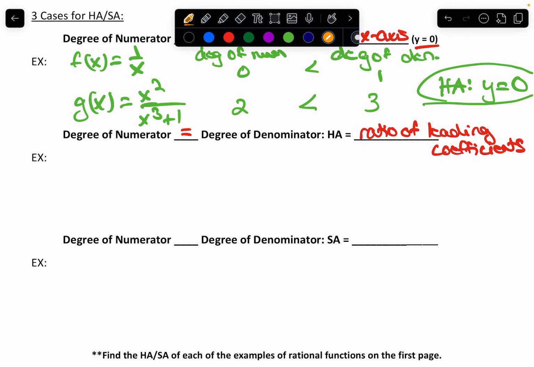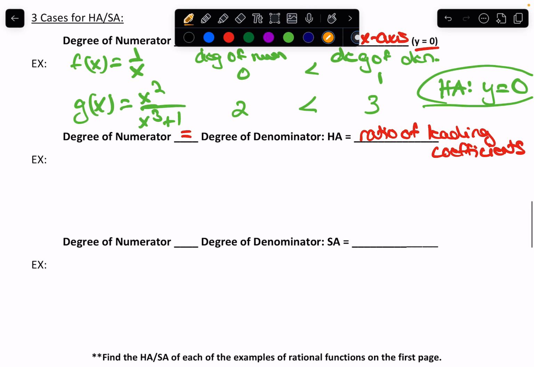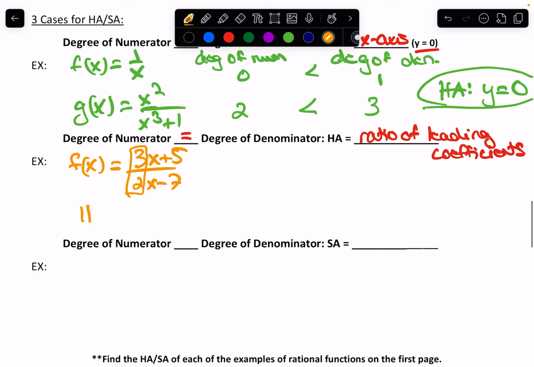An example would be f of x equals 3x plus 5 over 2x minus 7. The degree of the numerator is 1 and the degree of the denominator is 1 because we only have the x's. So we take the leading coefficients and write down the ratio. The horizontal asymptote would be y equals 3 over 2.